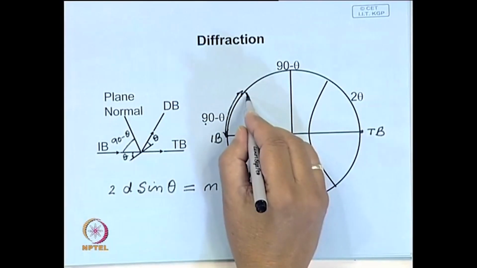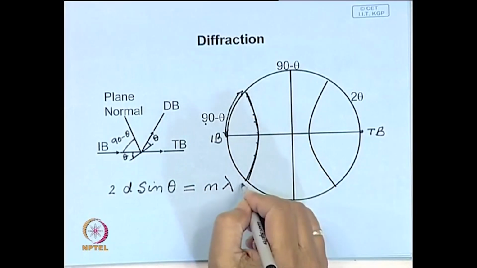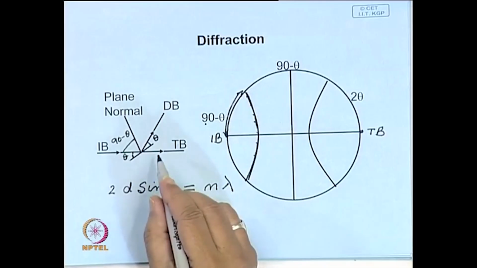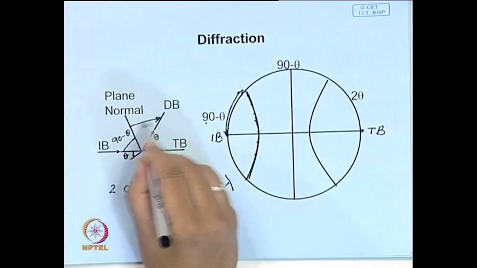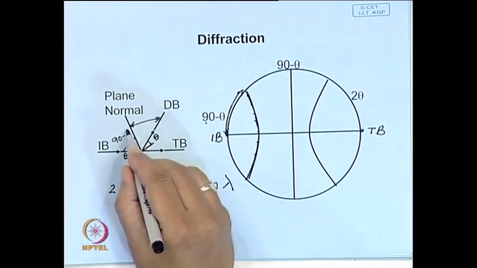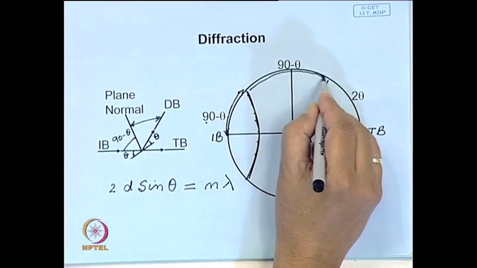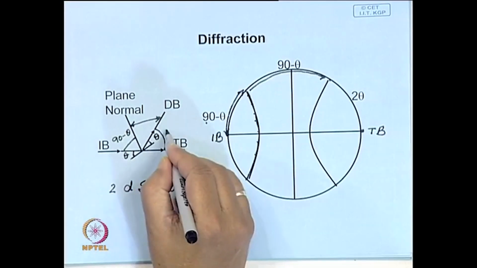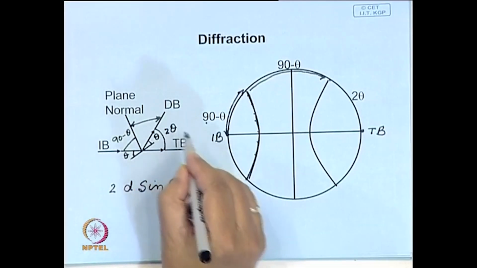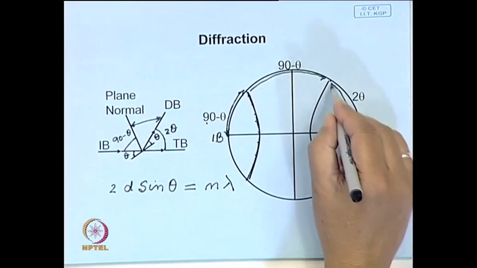So, there will be planes at every point of this, and this will satisfy the Bragg law, and the diffracted beam, you can see, subtends an angle 90 minus theta with the plane normal. So, here you check, this is the 90. Now, one can also argue that this angle is 2 theta with the transmitted beam. So, you can mark this.